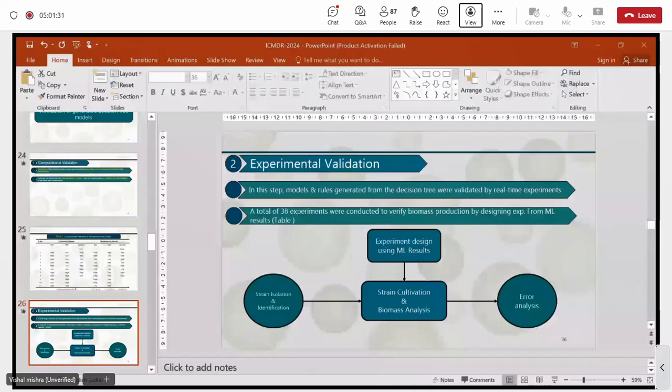How it was carried out: strain isolation and identification, followed by strain cultivation and biomass analysis, experimental designs using ML results, and then the error analysis. Error analysis is a critical parameter in experimental modeling, because sometimes the model may be right, but the error values may be very high.